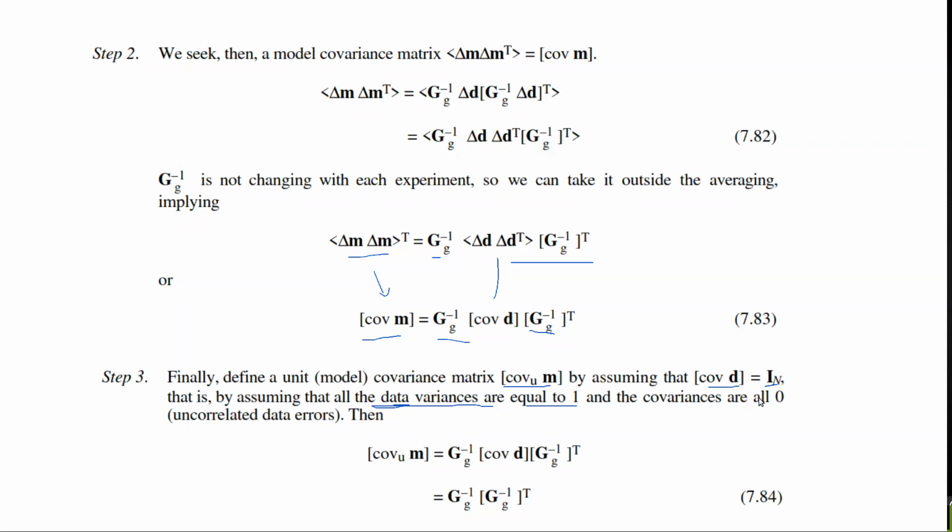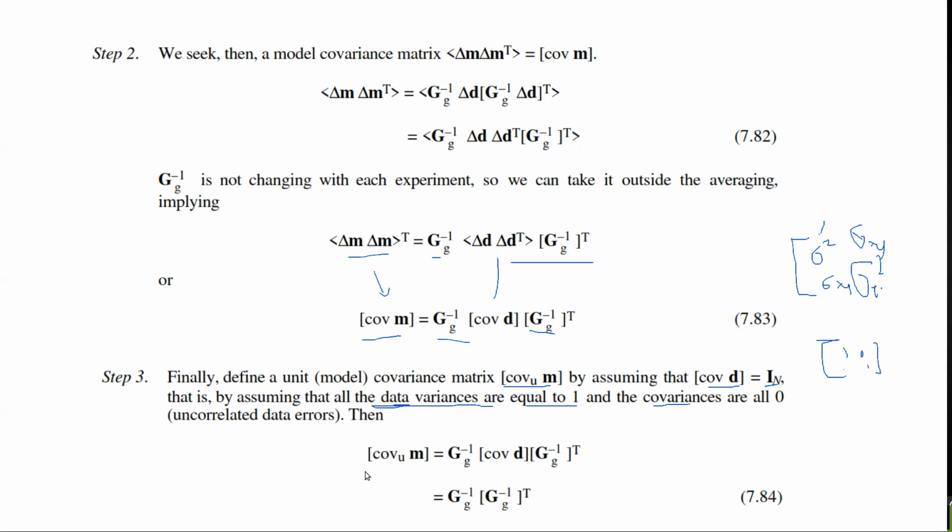And the covariances are 0. Remember that we have this sigma squared, and then sigma xy, okay? So the diagonal elements are set to 1, and the off-diagonal elements, which are the covariances, are set to 0. So we have the identity matrix.